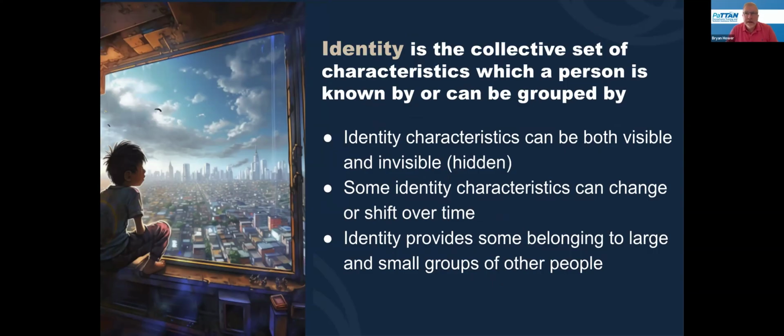Identity characteristics can be both visible and invisible. We have hidden identity items that make up us that people don't see. Some identity characteristics can change or shift over time. Identity provides some belonging to the large and small groups of other people.